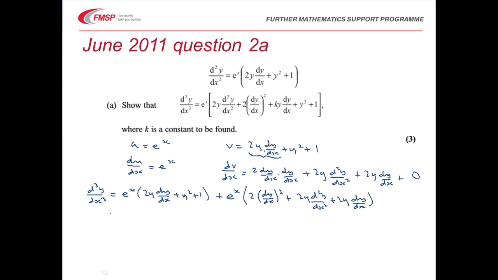And now if I take the e to the x out as a common factor and see what we are left with, just bring it all together now. And we should be able to collect like terms and double check that we've got exactly the required solution.